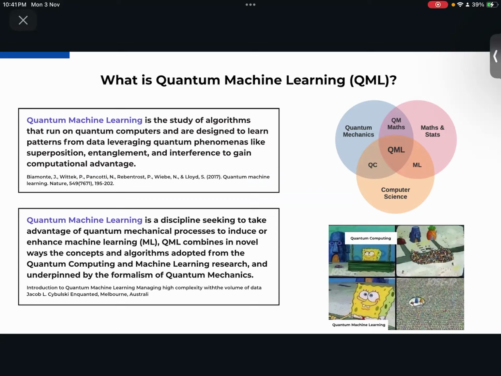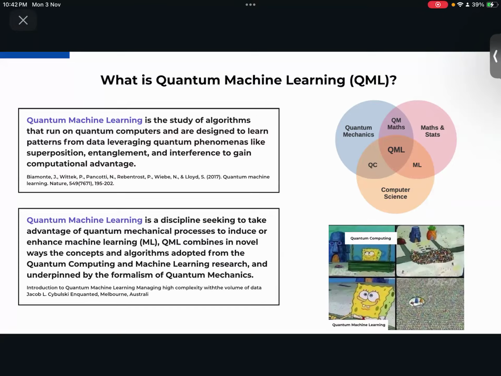It's either the study of algorithms that we can run on quantum computers and use to learn patterns from the data that we have, using the different phenomena that a quantum computer has, like superposition, entanglement, or interference, or it's the intersection of machine learning, computer science, mathematics, and quantum mechanics. And this gave us a new emerging field, which is QML, or quantum machine learning.